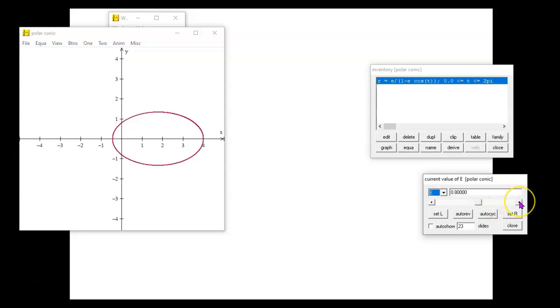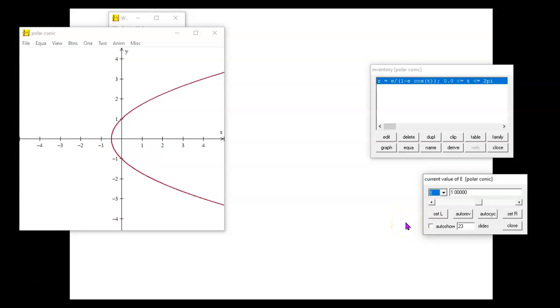If you let the eccentricity go all the way to 1, then the ellipse sort of opens out into a parabola. In a way, you can think of a parabola as being like an ellipse that stretches infinitely far. It's one end of an infinitely long ellipse.